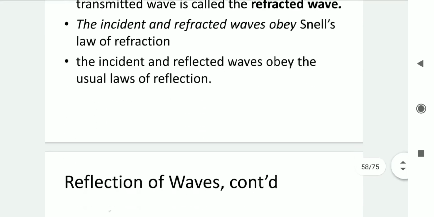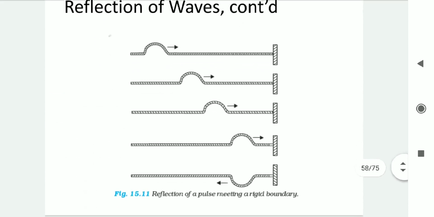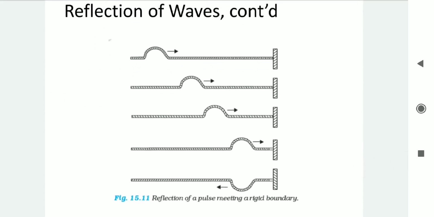Here, as you can see in the diagram, is how the reflection of a pulse takes place from a rigid boundary. In the first case, the pulse is traveling towards the positive x direction, and when it meets the rigid support, the pulse is reflected and its amplitude gets reversed.